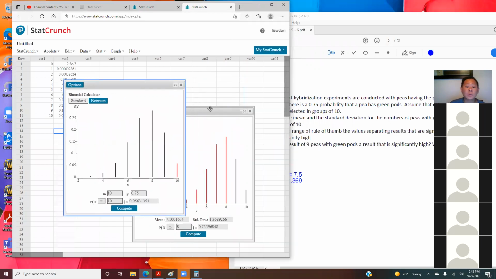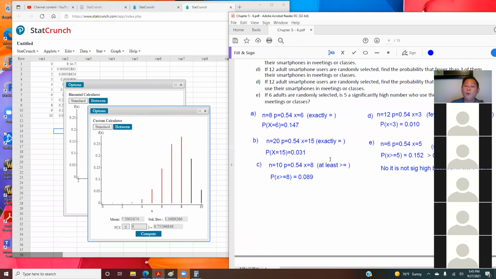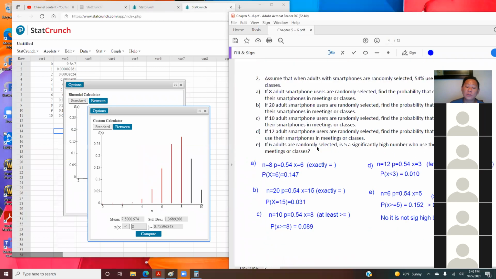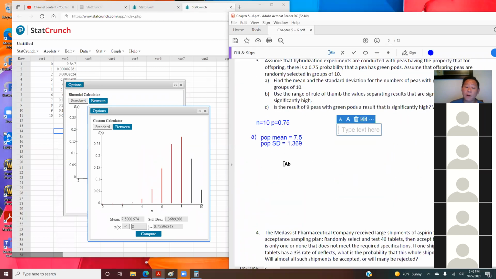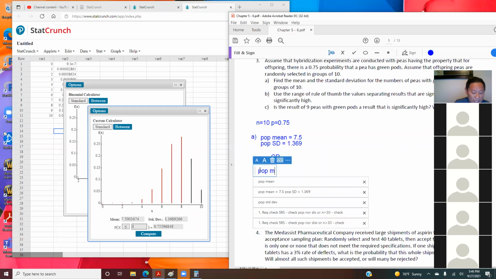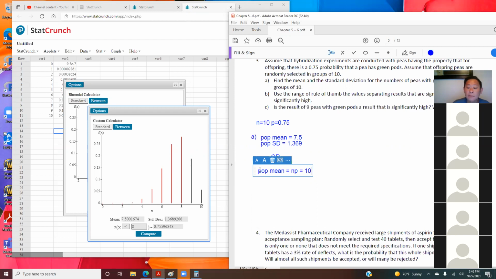And the shortcut is using the formula. This is the formula I told you, np and the square root of npq. So you can do this, it's not wrong, or you use the formula. The formula to find the population mean is n times p. So n is 10 times p, 0.75.